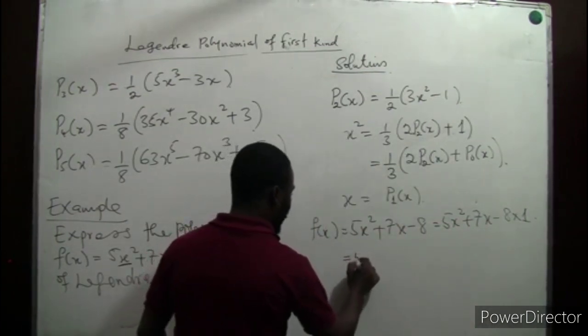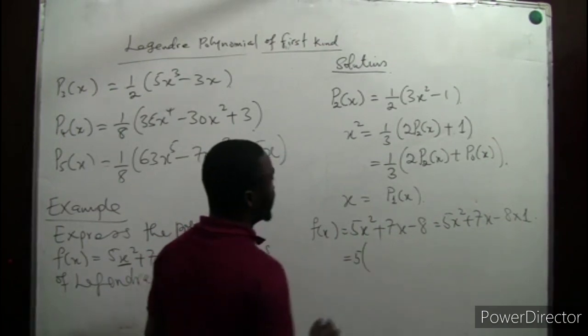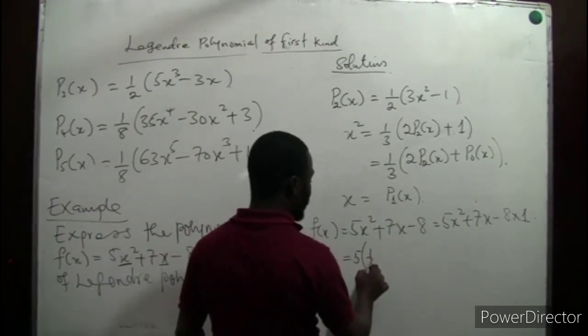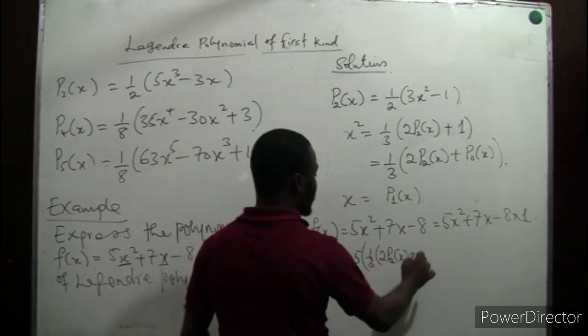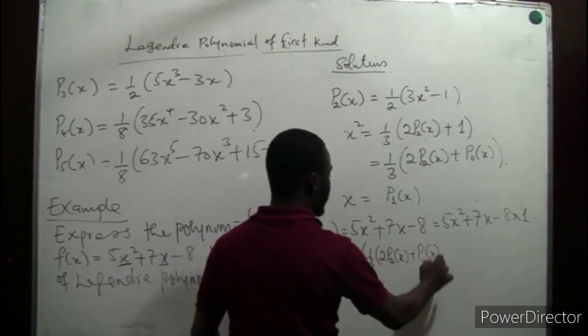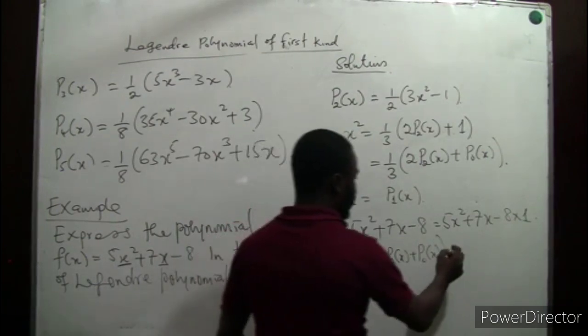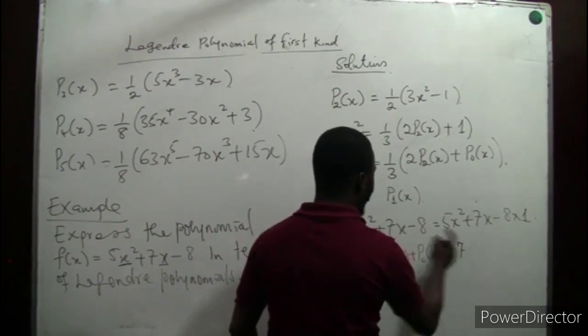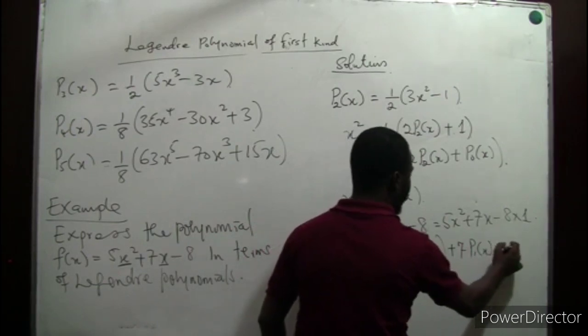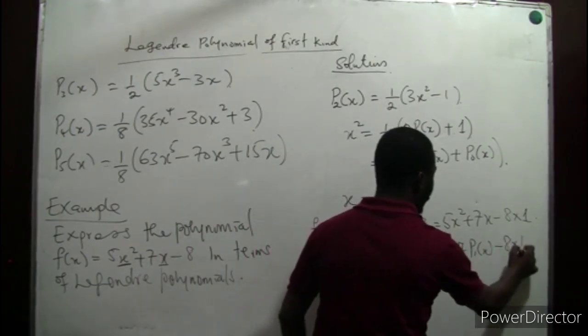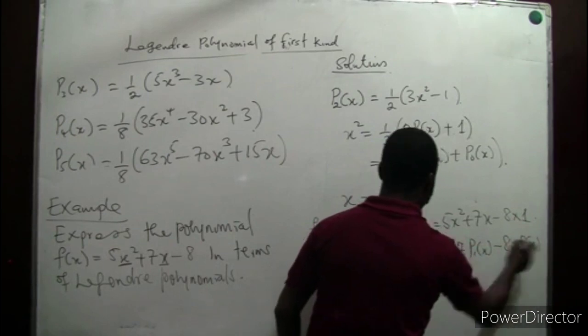This now implies that I have 5 times our x squared, which is 1/3 (2p2(x) plus p0(x)), plus 7 times our x, which is p1(x), minus 8 multiplied by p0(x).